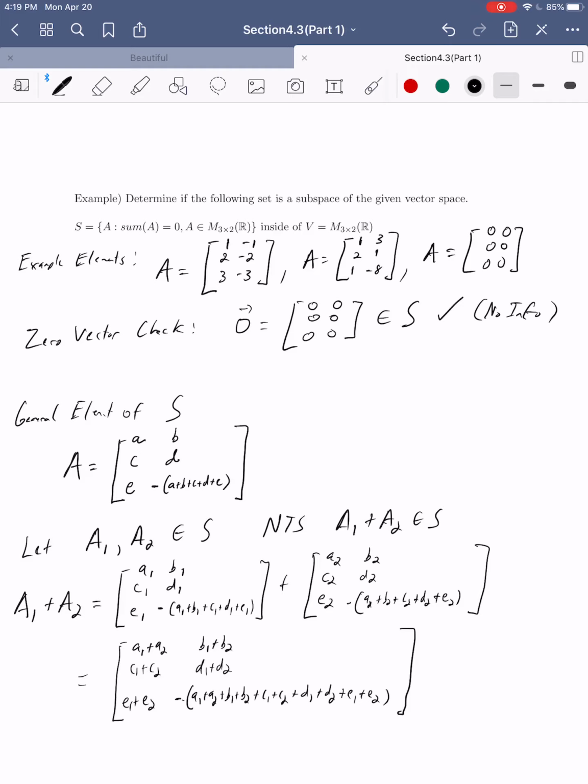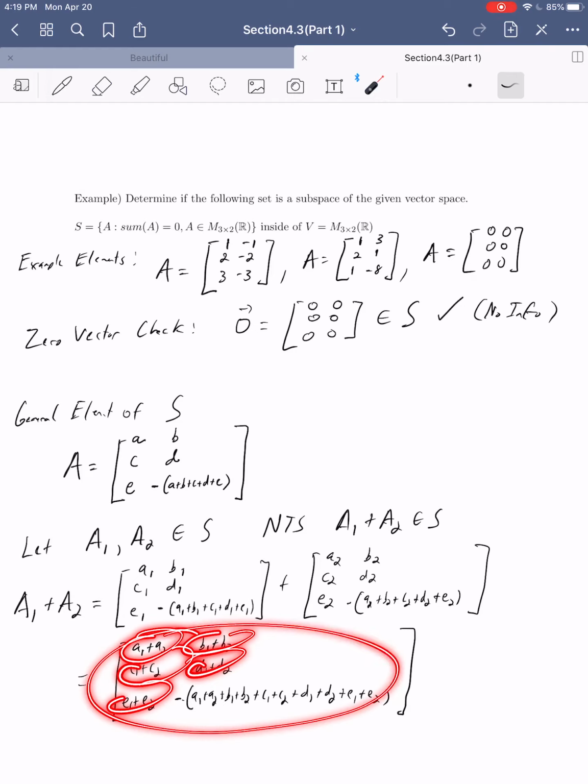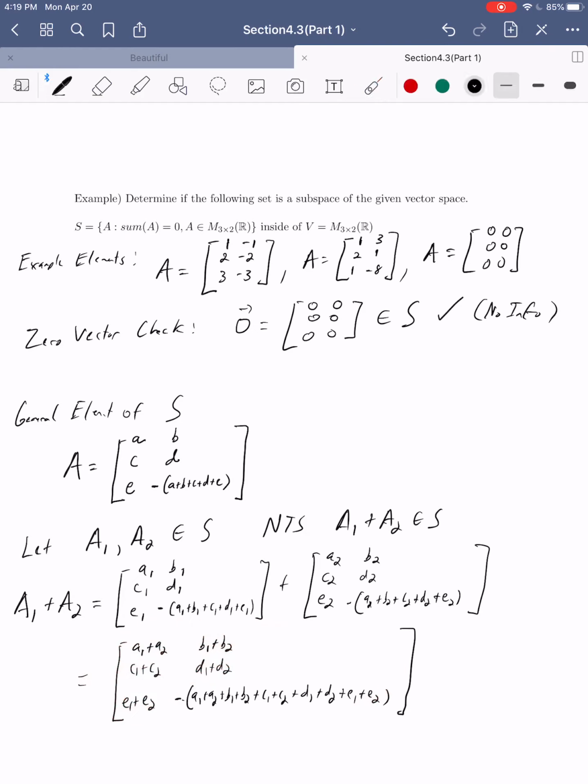Sort of horrendous looking, but what's in here is just the sum of all these guys, so this is certainly going to have sum 0. In other words, this is an element of S. So we've shown that S is closed under addition.